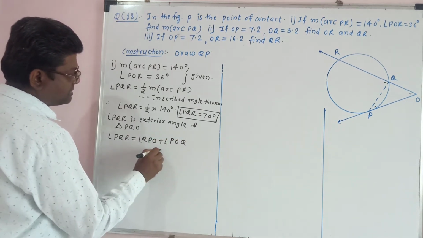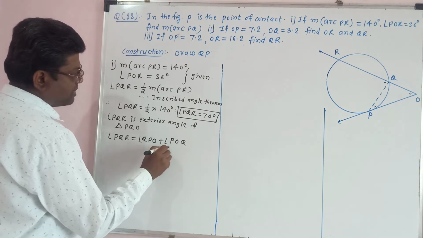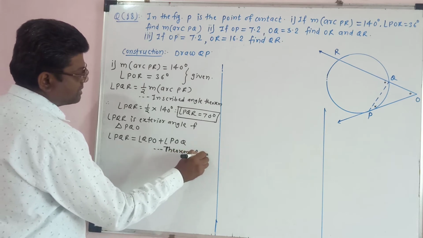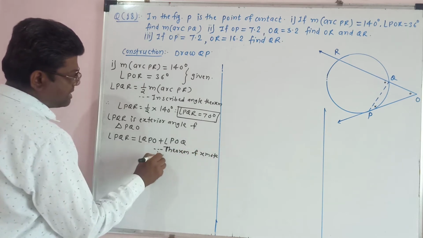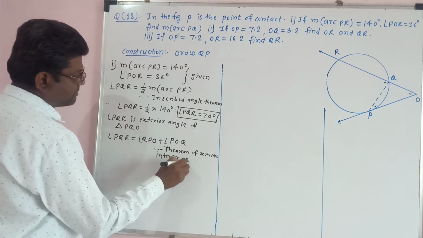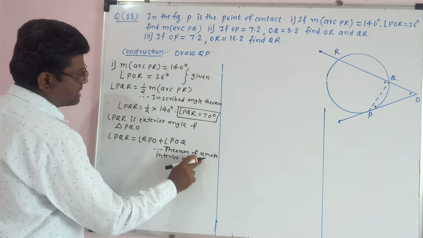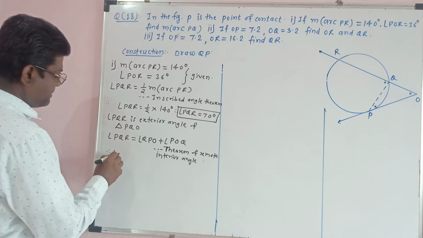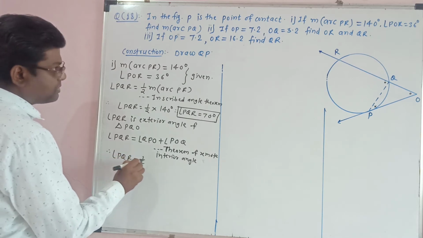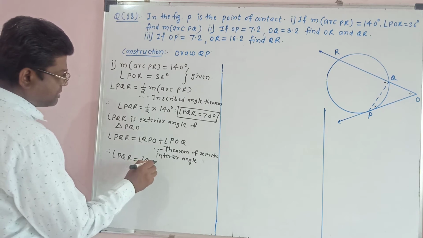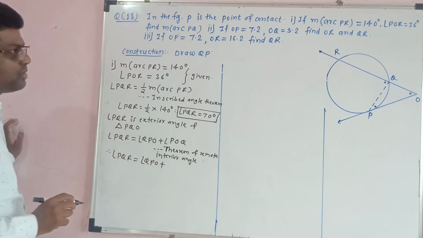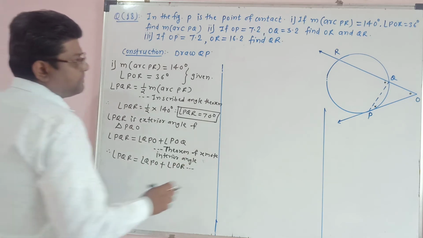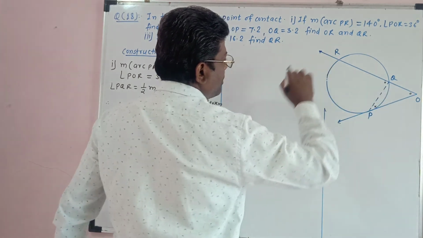This is due to the theorem of remote interior angle. Now therefore angle PQR is equal to angle QPO plus angle POR. This angle POQ means angle POR.